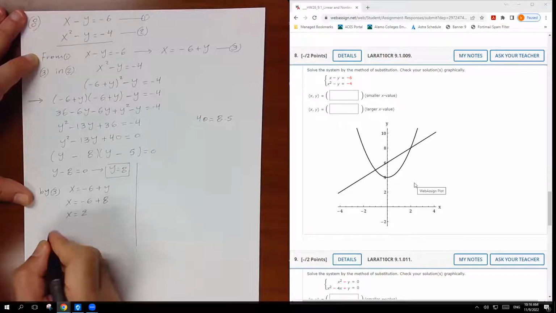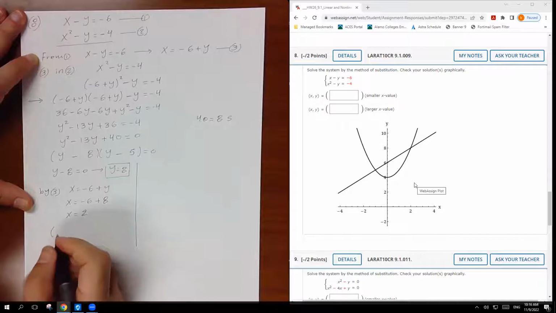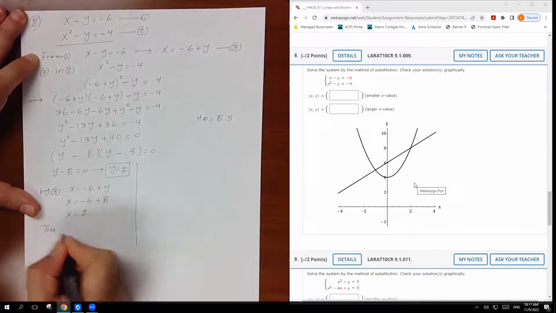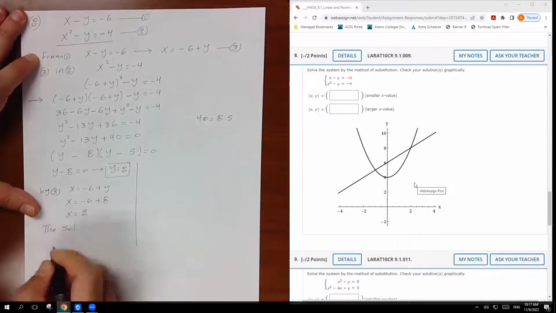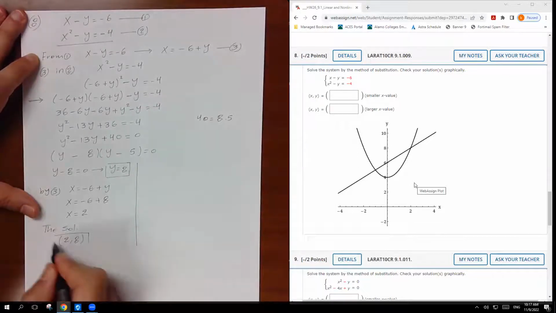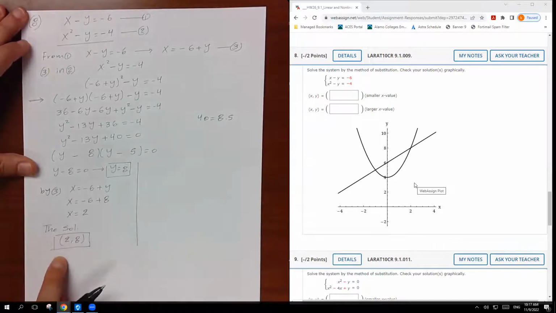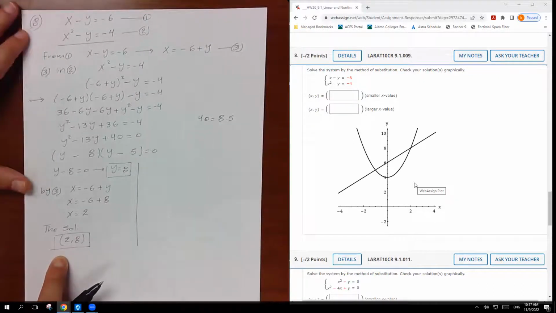So the first solution is going to be x is 2 and y is 8. So this is the first solution. That means the first intersection of the two graphs, with this one and this one.